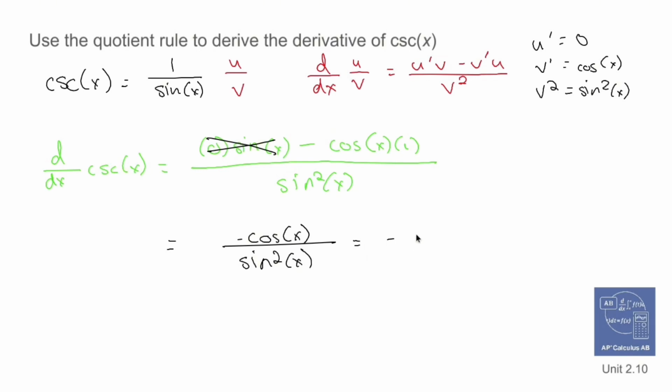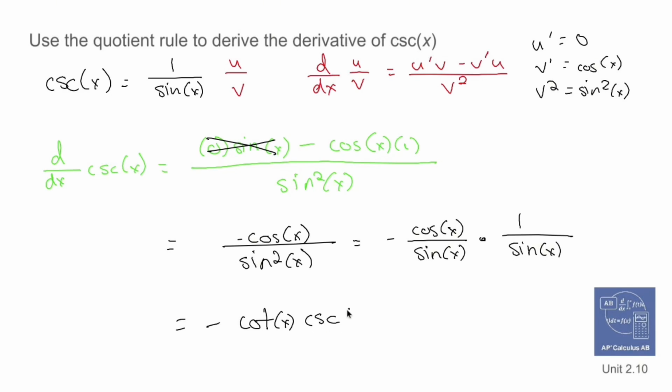I have negative cosine x over one of these sine x's, and I'm going to multiply that by 1 over the other sine x. We know that negative is negative. Cosine x over sine x is cotangent x, and 1 over sine x is cosecant x. And there's nothing more I can do with that, so I'm done.